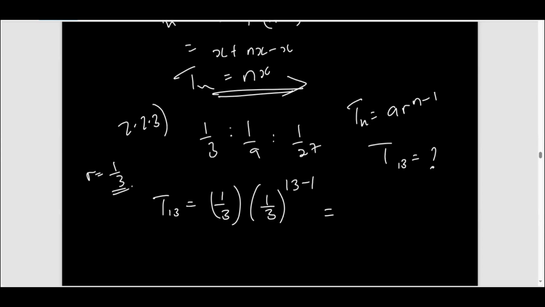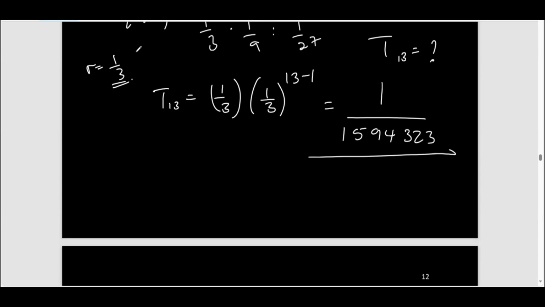Let me punch it in straight away: 1/3 to the exponent of 12. I'm getting my answer as 1/1594323 as my P26. So P26 is equal to this answer of ours.